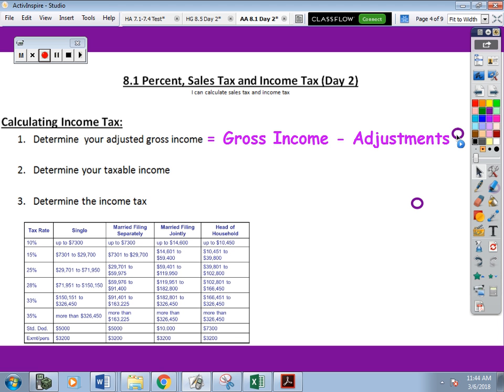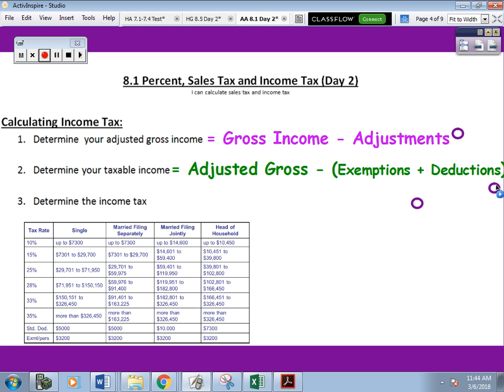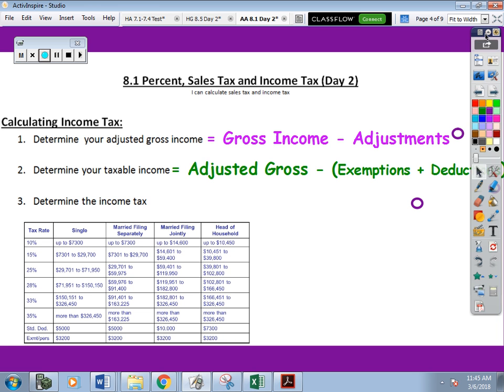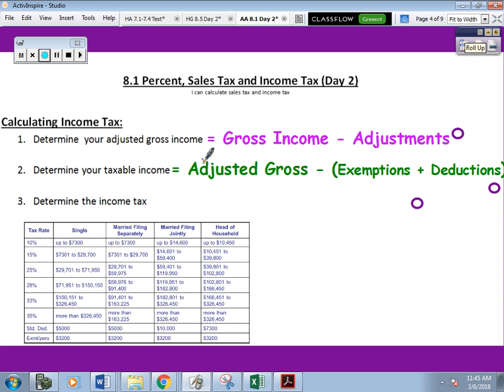Okay, to determine your taxable income, you will take your adjusted gross, which is the answer you got from part 1. So always use your answer from part 1 to get part 2. You'll take your adjusted gross and subtract the sum of your exemptions and deductions.